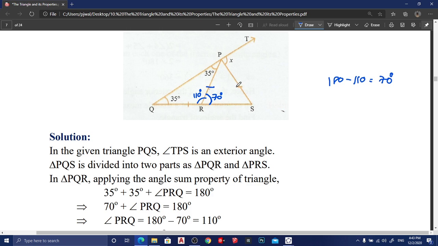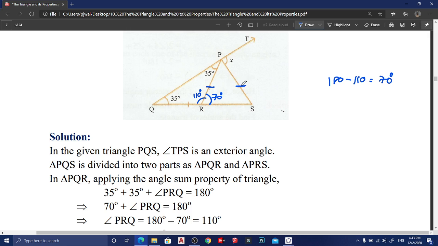Now if you observe the second part of the triangle, which is PRS, it is given that these two sides are equal to each other. If in any triangle two sides are equal, that triangle is called an isosceles triangle. In the properties of the isosceles triangle, as I told you when I started this problem, the angles opposite to the equal sides are also equal.